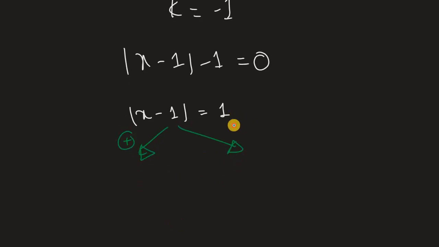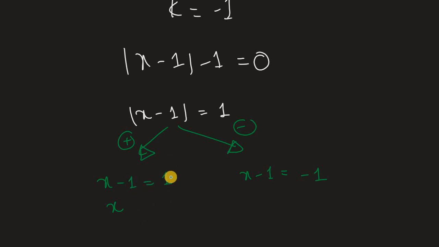Your positive option is x minus 1 equals 1, what is on the right-hand side. Then you have another option in which you make the other side of the absolute value equal to -1, not the one inside the absolute value, the other side. You make it negative, and then you will have two x values.